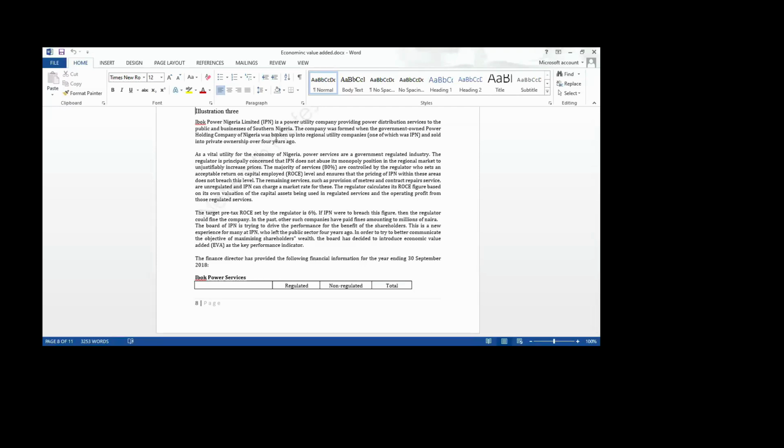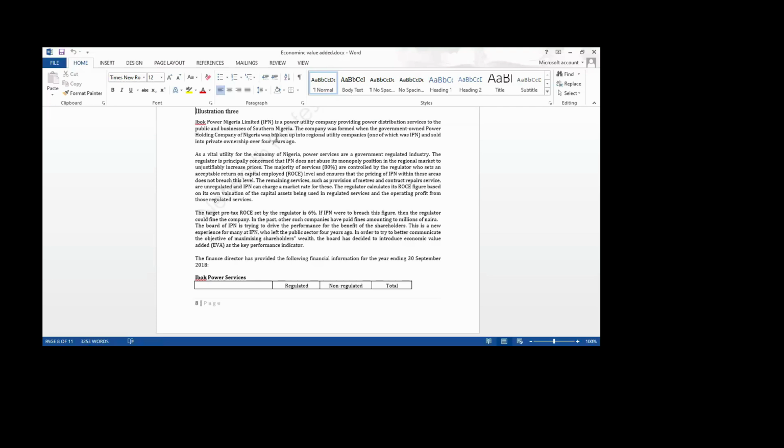As a vital utility for the economy of Nigeria, power services are a government-regulated industry. The regulator is principally concerned that IPN does not abuse its monopoly position in the regional markets to unjustifiably increase prices.